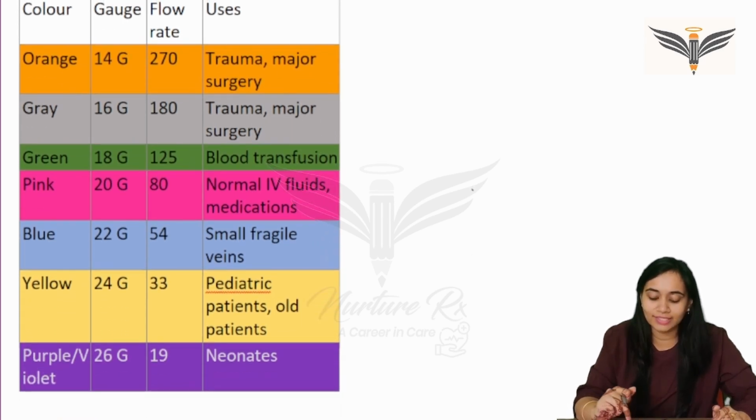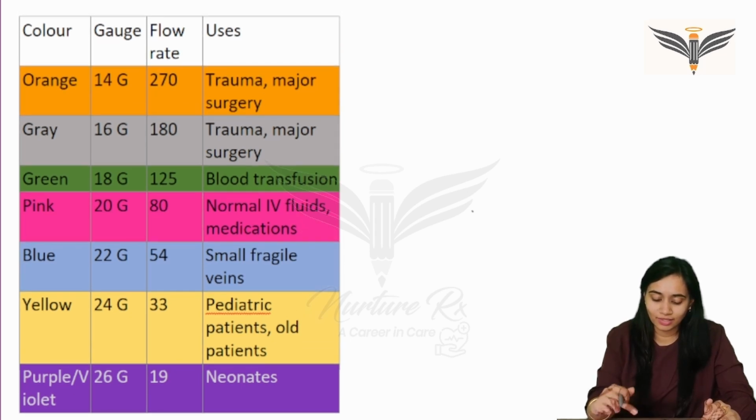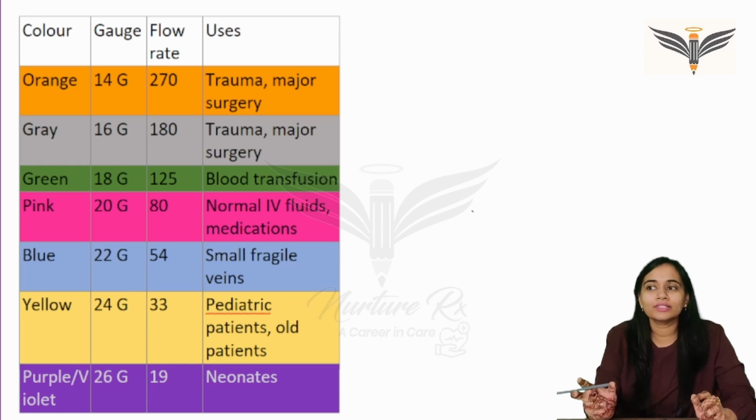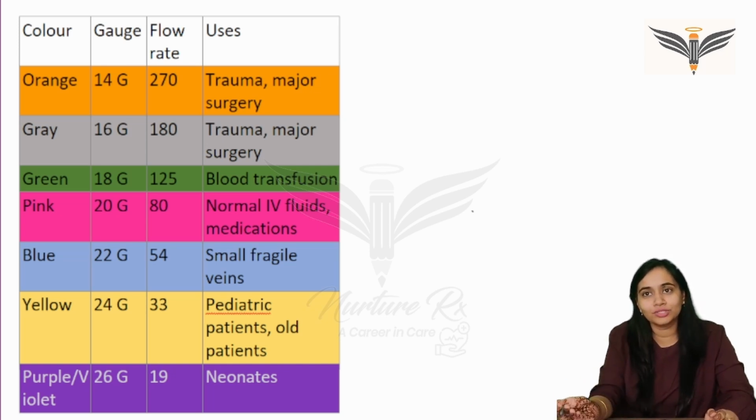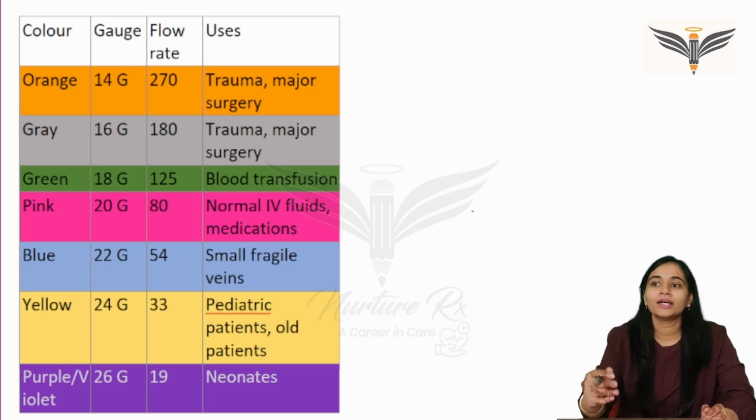So let's directly come to the color coding of cannula. As you can see in this table, various colors depict the different cannula sizes. How is the cannula size measured? The unit for it is gauge. And how does this gauge correspond to the diameter of the cannula?